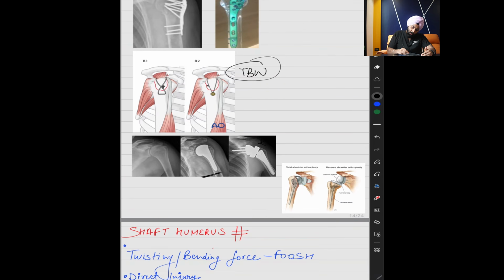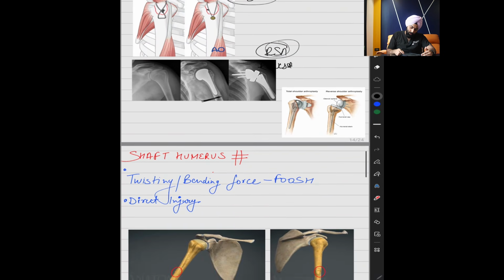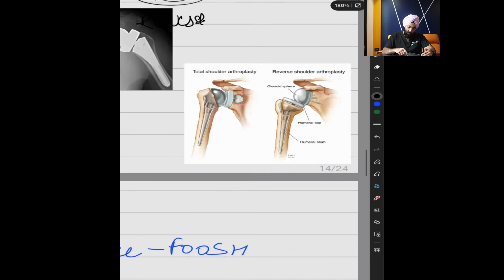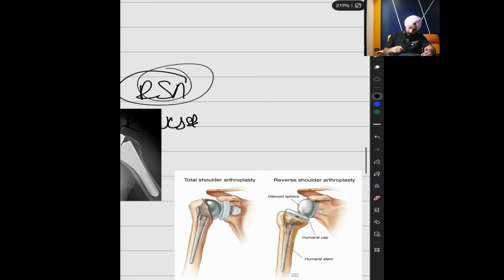This is the reverse shoulder or RSA जिसको हम बोलते हैं, reverse shoulder. So these are the treatment modalities for proximal humerus fractures. Specifically if we look, so in reverse shoulder we are reversing the anatomy. So we have a glenosphere in place of the original glenoid and we have a humeral stem as well as a humeral cap articulating.